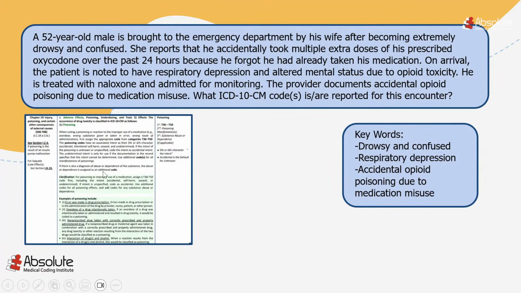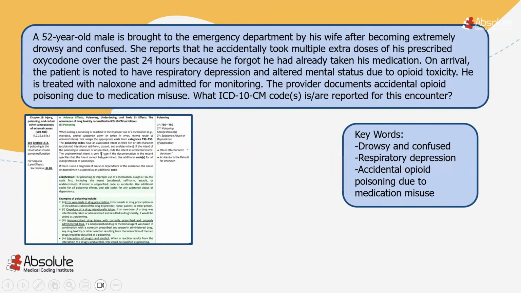So this is a snippet from the MCG manual about the adverse effects of poisoning, underdosing, and toxic effects of drug toxicity, and then specifically poisoning. The reason I chose poisoning is because the keywords we took out and what the provider documented is the accidental opioid poisoning.